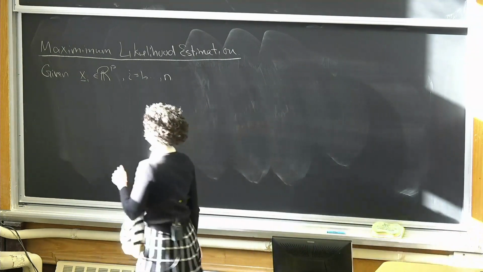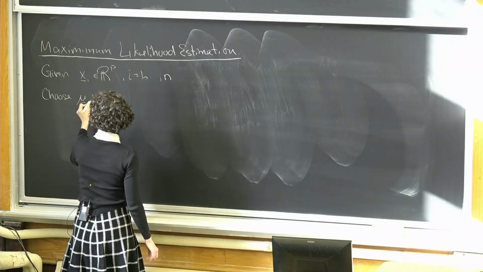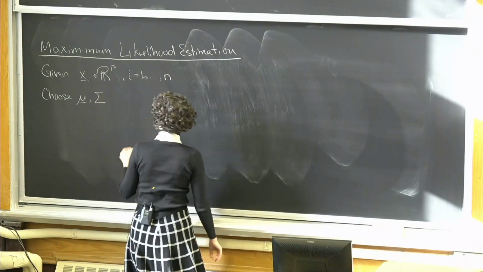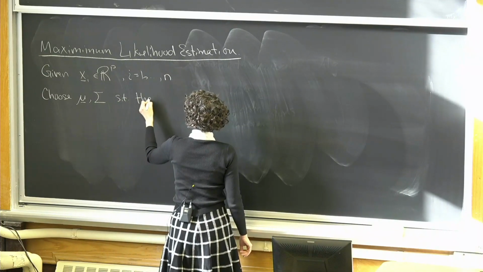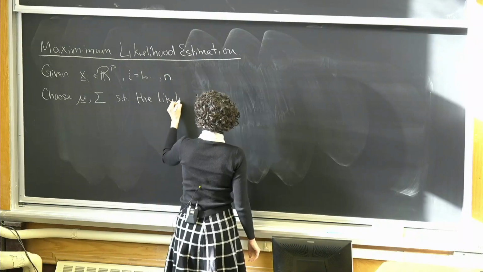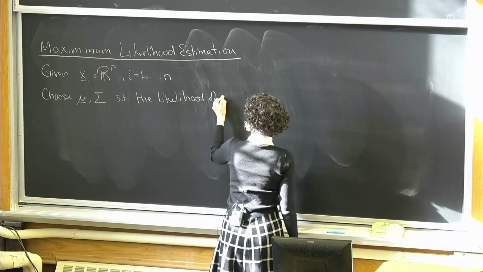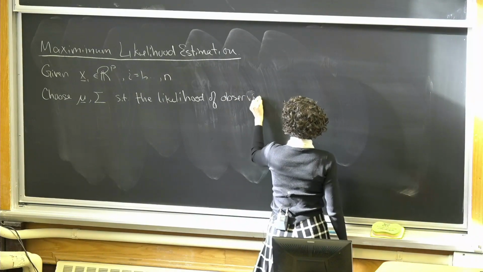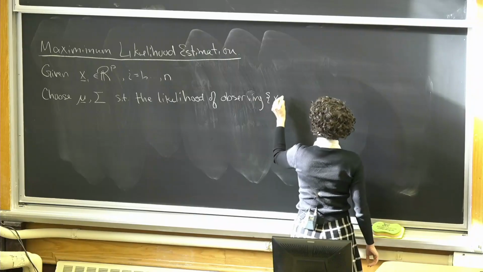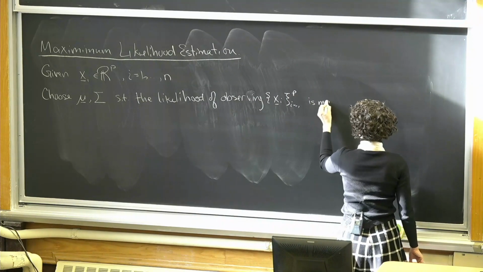In other words, we want to choose the values of mu and sigma so that the likelihood of observing this collection of points, xi, from i equals 1 to n, is maximized.